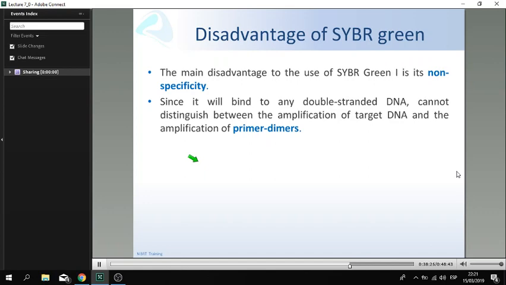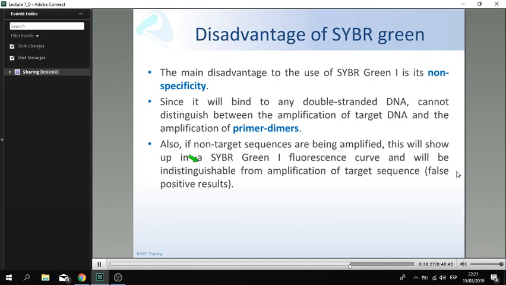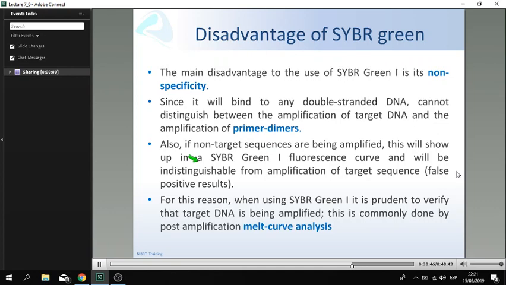So then it looks like you have more DNA than you have target DNA. Or if you are also amplifying something that's non-target sequence, this will also show on the SYBR Green fluorescence curve, and you won't be able to distinguish between amplification of target sequence or something that's an off-target effect. So again, you will have false positive results.